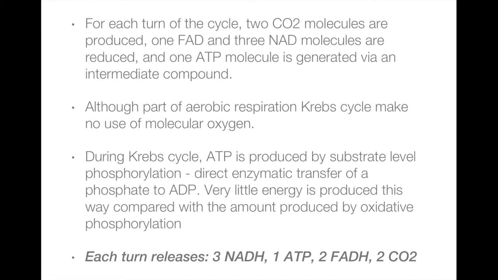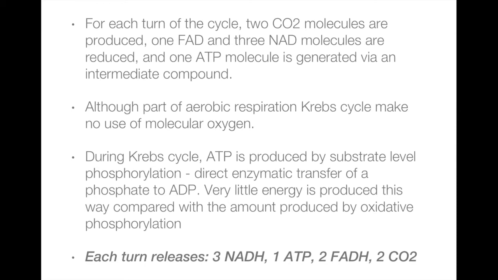Let me give you a little bit more knowledge about the Krebs cycle. First of all, I want you to know that it happens in the matrix of mitochondria. It turns twice for each glucose molecule that enters glycolysis, 1 for each pyruvate molecule that enters the mitochondrion.